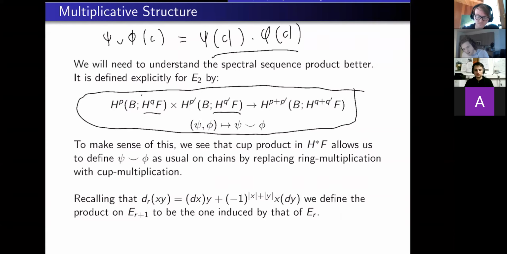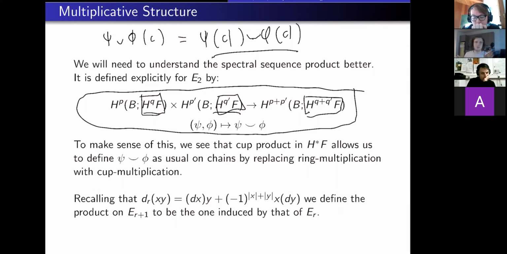Well, there's actually a cup product between these two, which means we can multiply by replacing this product with a cup product, which is why you end up with coefficients in H^{q+q'}. So instead of multiplying in a ring to get your cup product, you are multiplying in the cohomology ring, and using this graded multiplication to get a product on the spectral sequence.